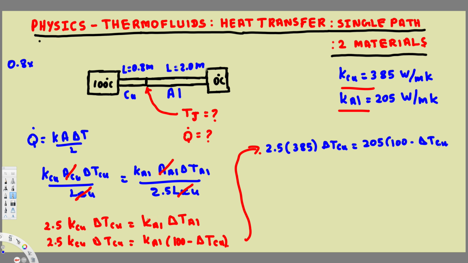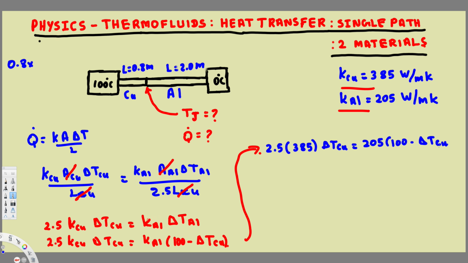Now let's simplify this one. 2.5 times 385, if you multiply this one, you will get 962.5 delta Tcu, and 205 times 100, that's going to be 20500 minus 205 delta Tcu.